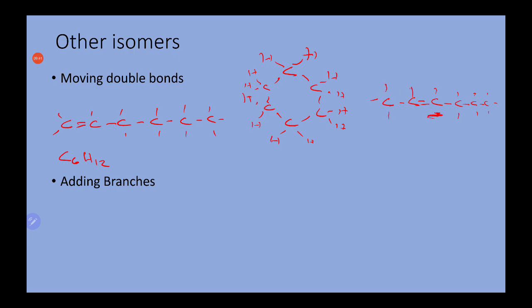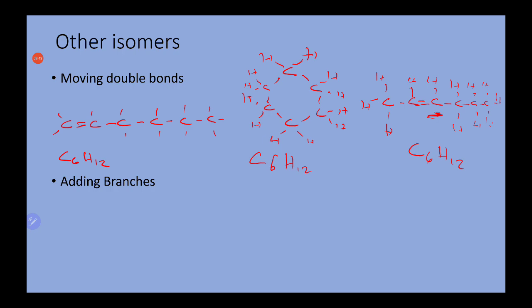If we look at that, we've still got 12 hydrogens, so it's still C6H12, but I've moved the double bond in one. So that's no longer hex-1-ene, it's hex-2-ene. Again, I've changed the way the molecule looks, its structural formula, but its molecular formula has stayed the same. So that's another isomer.